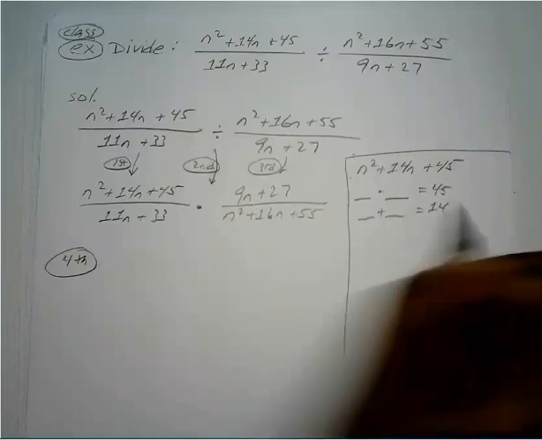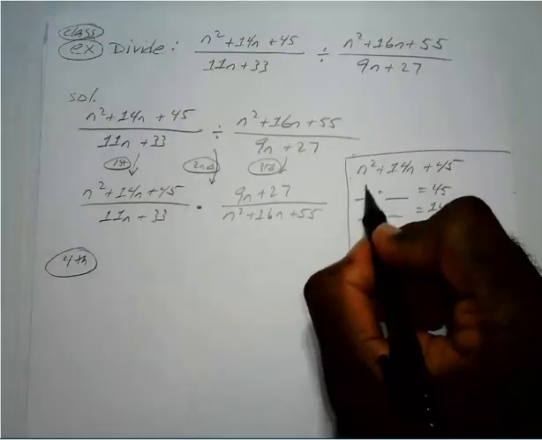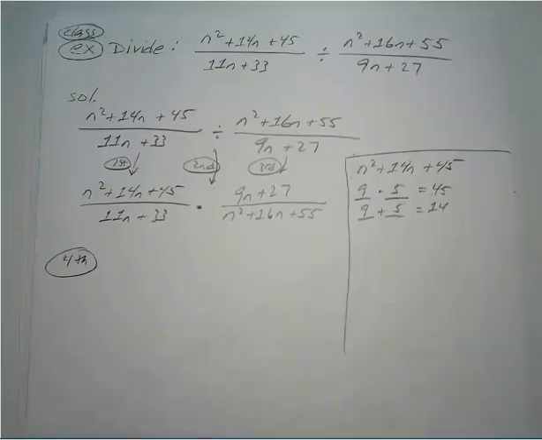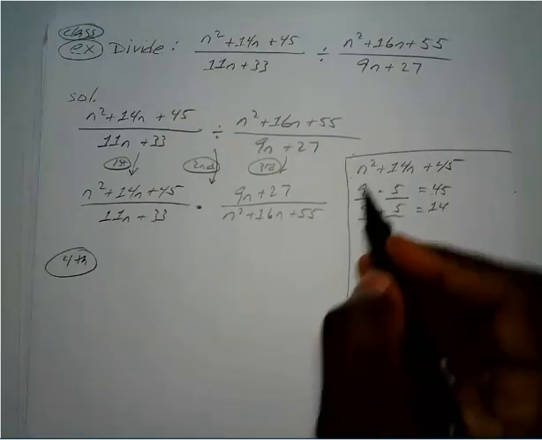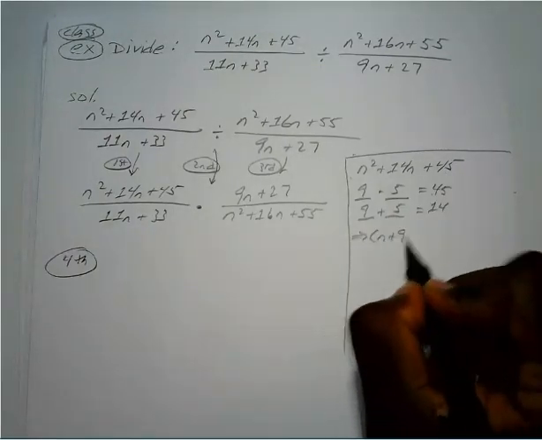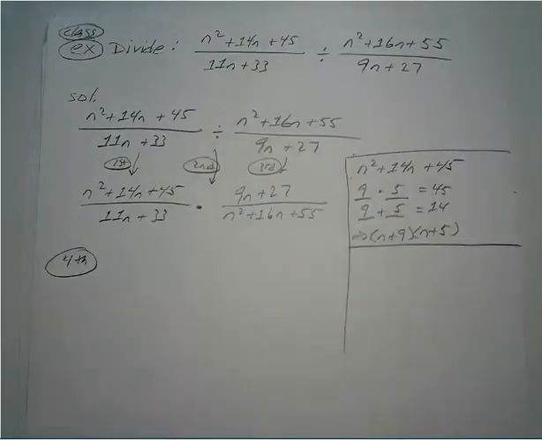Okay, so in this case, 9 and 5 works, because 9 times 5 is 45, and 9 plus 5 is 14. So this becomes n plus 9 and n plus 5.